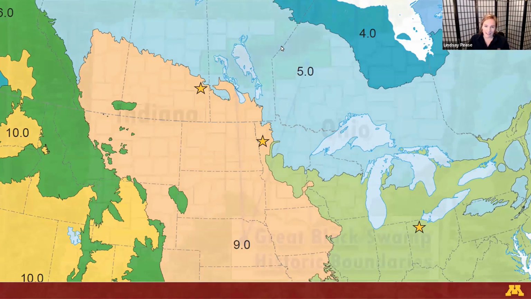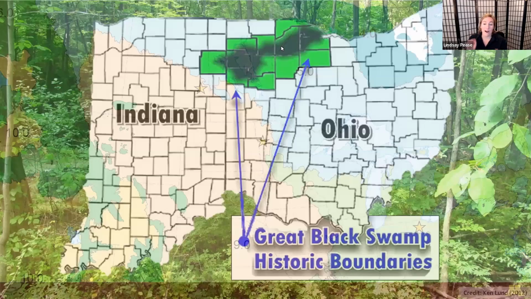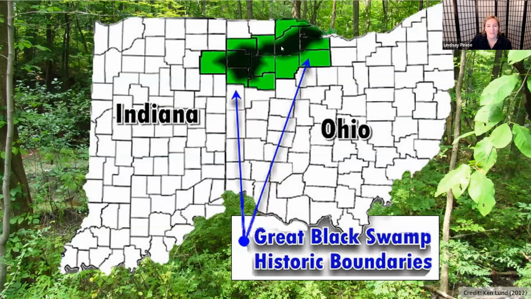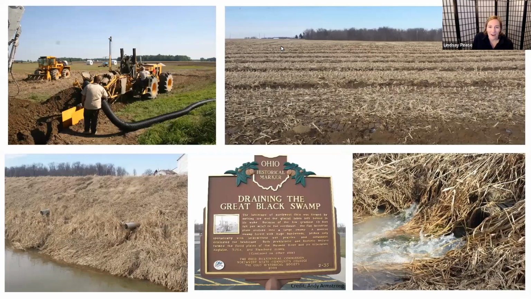The part of Ohio I came from was part of the Great Black Swamp. When it was first settled, this area was known for its swampland and horrible malaria epidemics. So drainage moved into this region of Ohio really early on, and Ohio is really proud of its history.